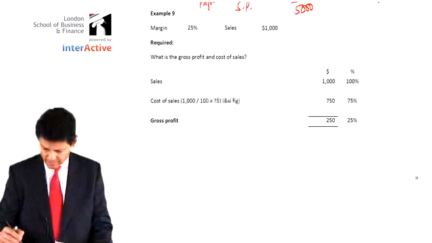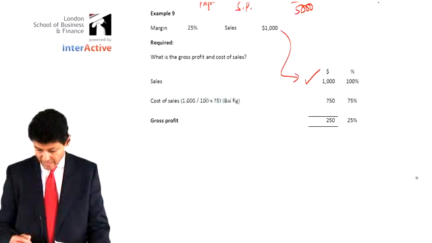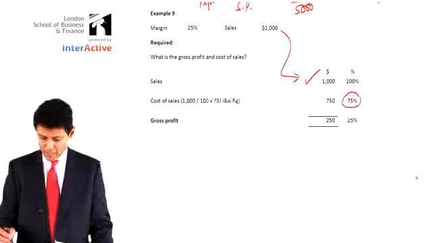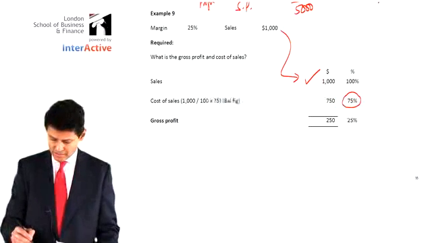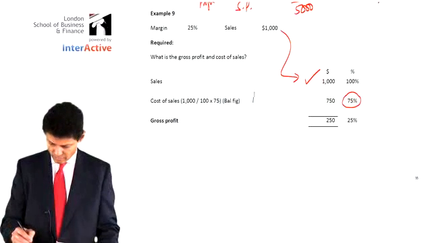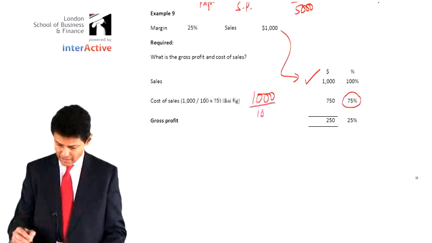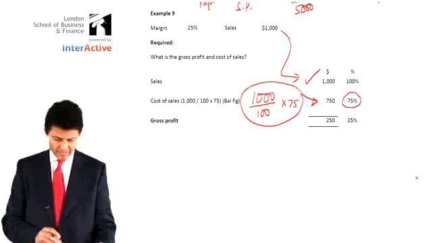If my sales is given as 1,000 and the margin is said to be 25%, the way you work out your cost of sales is to take our 1,000, which is in terms of 100%, divide that by 100, multiply by 75. That, of course, is the 750.